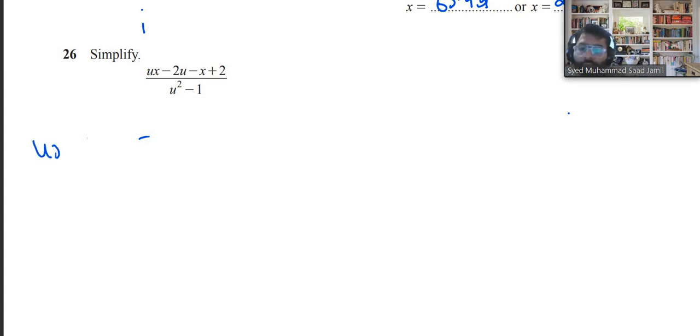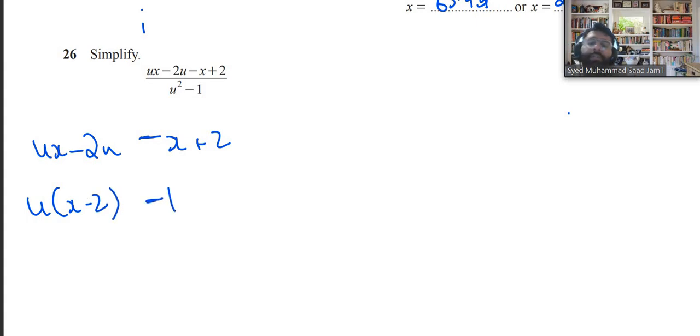So ux minus 2u minus x plus 2. So in the first one I will take u as common, so it will become x minus 2. Now it's fine. And in the second one I will take minus 1 as common, so it will become x minus 2.